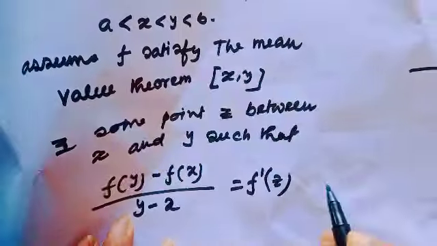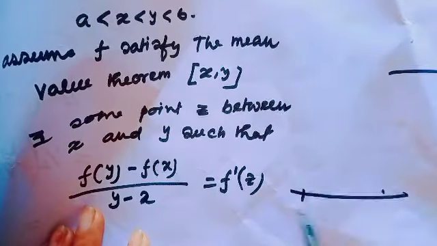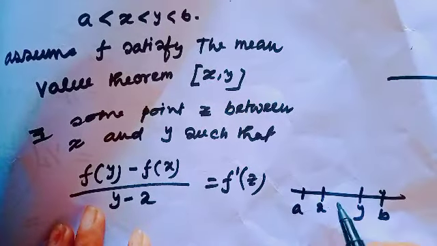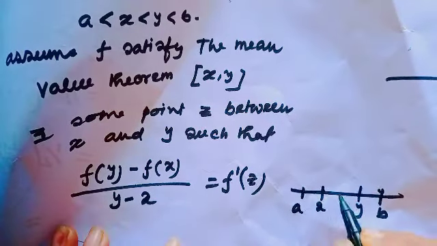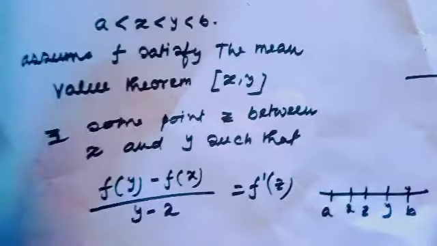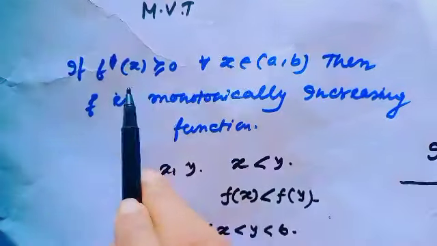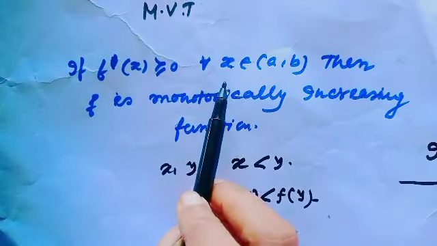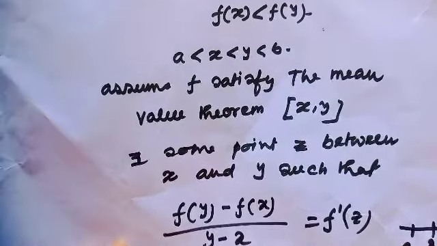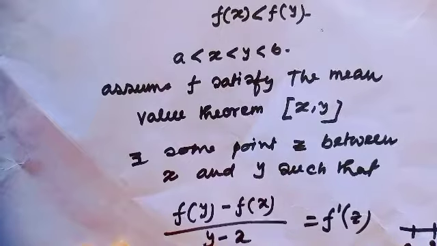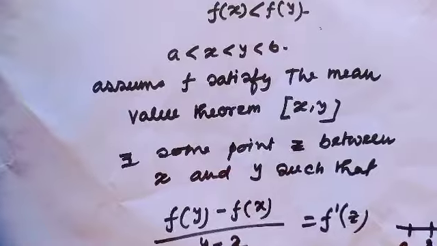Let's see the picture. This is a, this is x, this is y, this is b, and the point z lies between x and y. And here given f prime x greater than or equal to 0 for all x belongs to (a, b). That means by this relation we can write f of y minus f of x over y minus x is greater than 0.